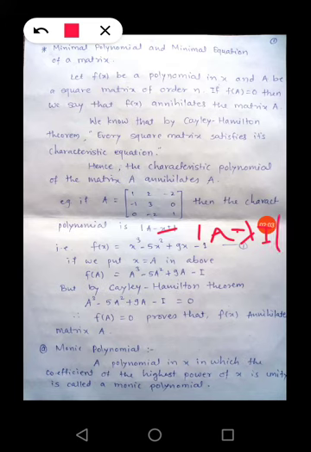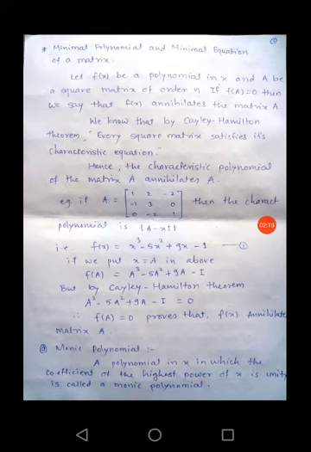So this is also a characteristic polynomial, don't confuse lambda and x. These are the scalars only. So f of x is equal to x cube minus 5x square plus 9x minus 1. So this is the characteristic polynomial.